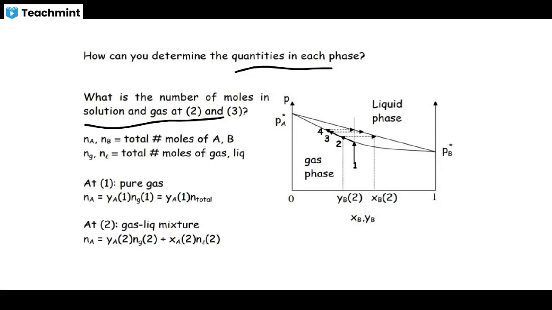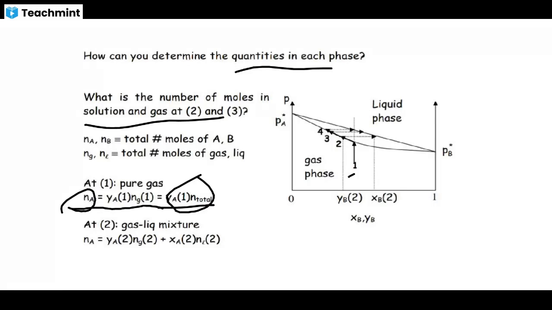Already told you, below the curve is the gas phase and above the curve is the liquid phase. nA equals yA into n gas, where n gas is n total, pure gas only. So the total number of moles is only gas, no liquid. So nA is nothing but yA into n total moles.